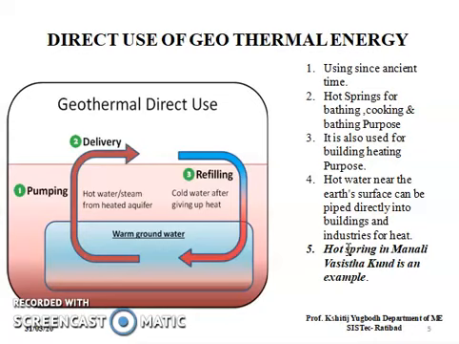The hot water near the earth's surface can be piped directly into buildings and industries for heating purposes. An example of direct use is Vashisht Kund in Manali. It's a hot spring. The people use this spring for bathing and for cooking as well.